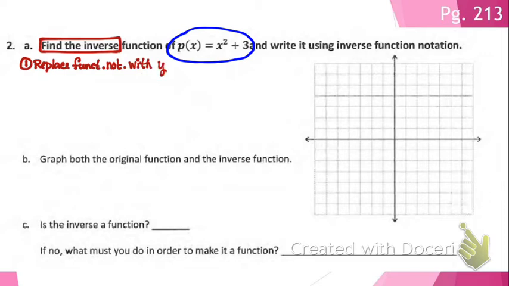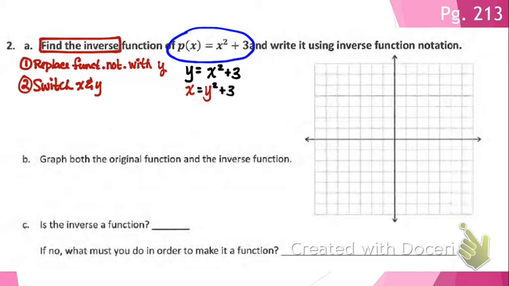So instead of p of x, I'm going to have y equals x squared plus 3. We're going to switch the x and the y. So I'm going to have x equals y squared plus 3.